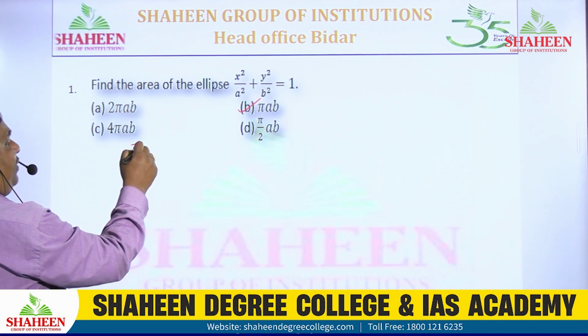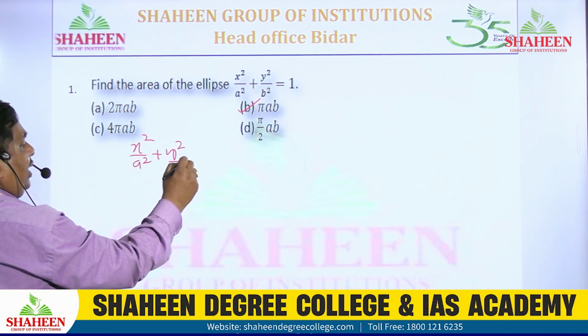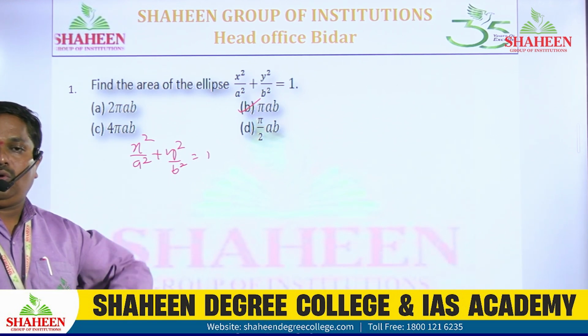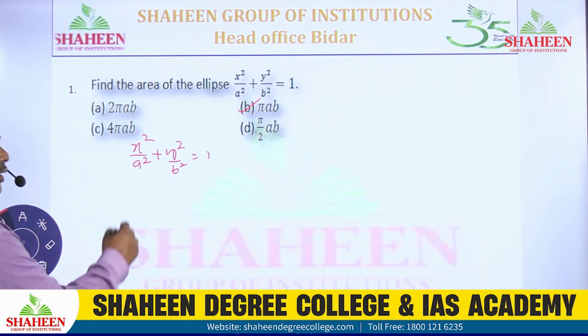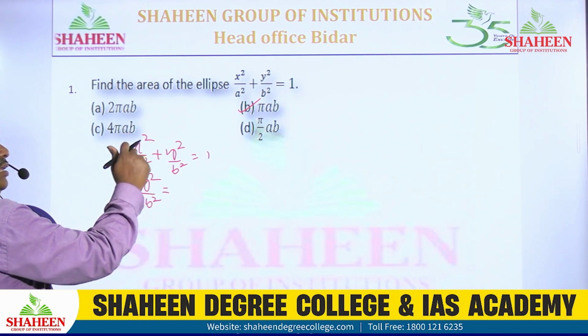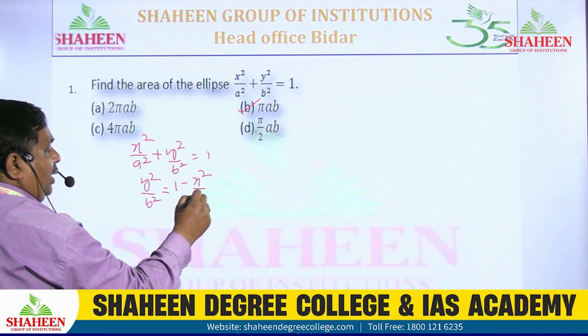What is the curve equation here? x square by a square plus y square by b square is equal to 1. Let us write this curve in y equal to f of x form. Then I'm writing y square by b square on the LHS as it is, taking this x square term to the RHS. This becomes 1 minus x square by a square.